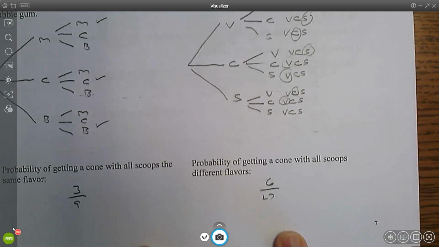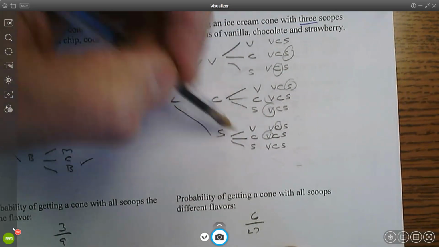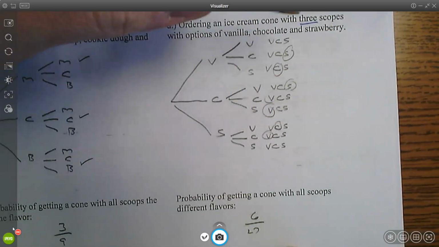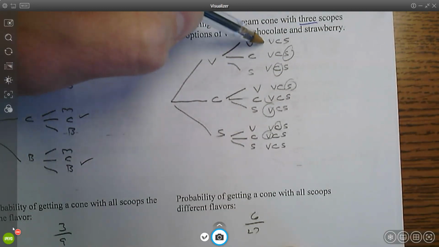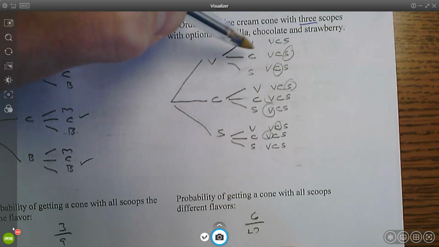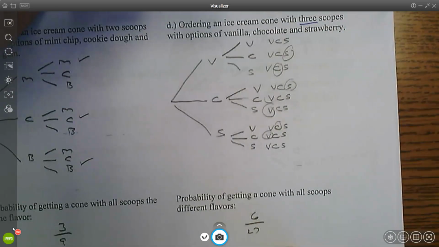All right. D, you're ordering ice cream. You have now 3 scoops. I didn't draw out the whole tree diagram because there's like 27 options and I didn't really have space. So here's what I did. This would be vanilla, vanilla, and then off of that branch would be vanilla, chocolate, strawberry, and so on and so forth. And then I didn't list out all 27 options.